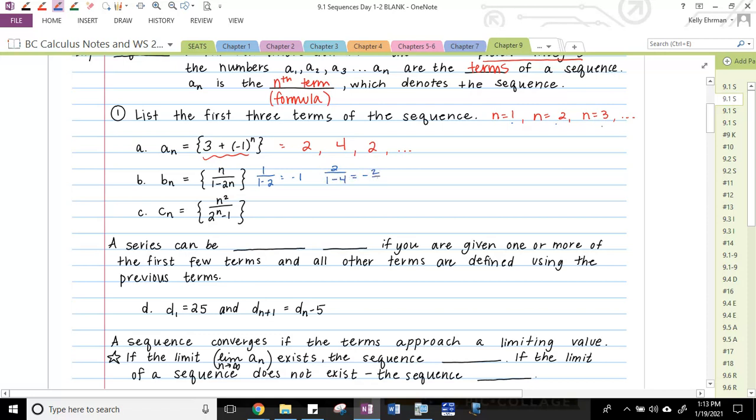That's negative 2/3. If I plug in 3, I get 3 over 1 minus 6, negative 3/5. Looks like these terms are decreasing, well, decreasing numerically, but they're negative, so I guess technically they're increasing. Anyway, so the sequence b sub n is equal to negative 1, comma, negative 2/3, comma, negative 3/5, comma, and it would go on forever.